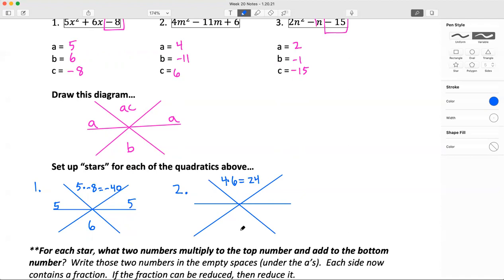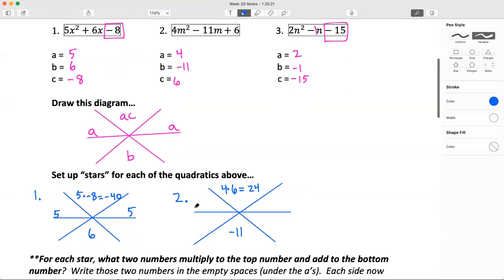B on the bottom section, which is negative 11. This is for number 2. You can put A on the top of each line on the side. So A is 4. 4 here, 4 there. Okay, getting used to setting these things up. I'll show you why in just a couple minutes.